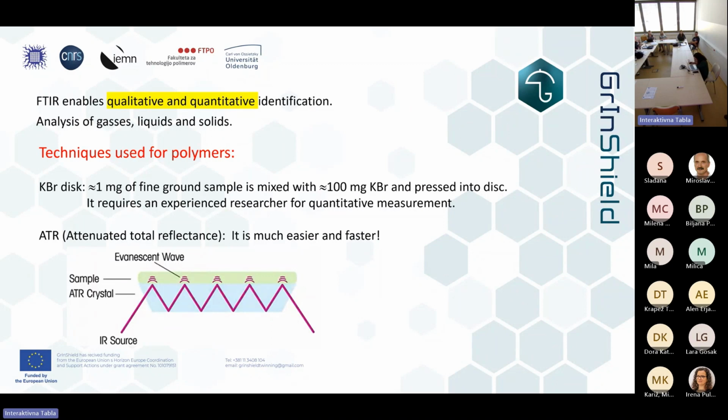I must say this is sometimes quite problematic, to obtain a really good disc or to obtain reproducibility of results. And the second, very much used technique now, and actually here at the FTPO we mostly use it, is ATR, attenuated total reflectance, which is shown here. This technique is actually much easier and much faster, I can say.